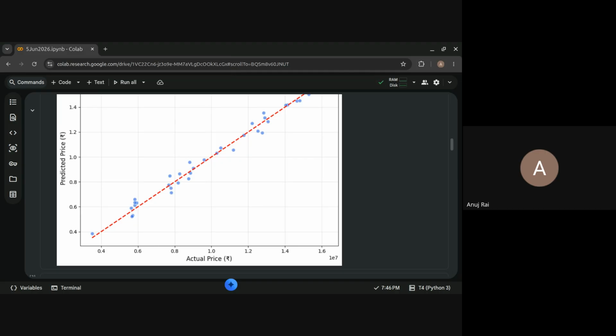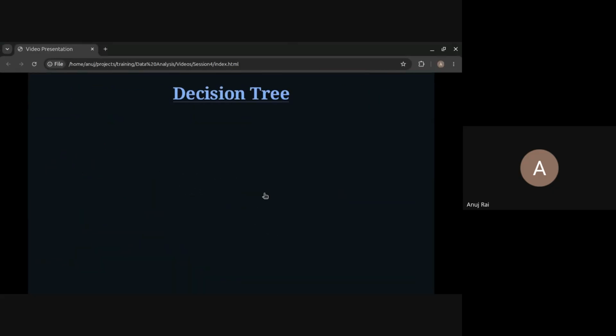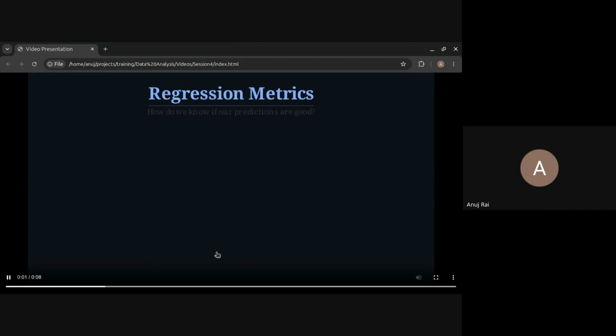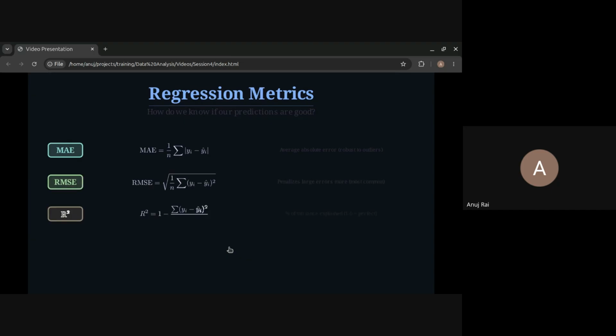And you can see the R square formula as 1 minus the summation of y i, that is your original data point, and y hat i, that is your predicted point, squared, divided by y i and your y bar, and this is how the variance is calculated.